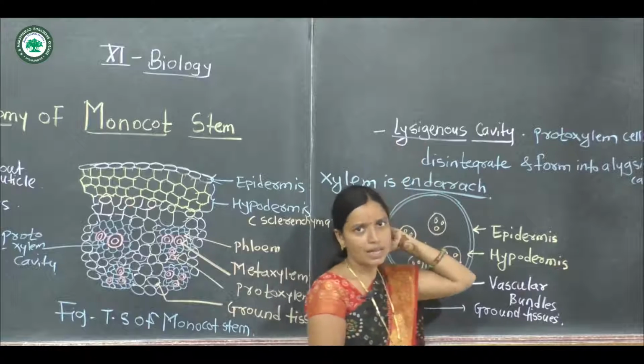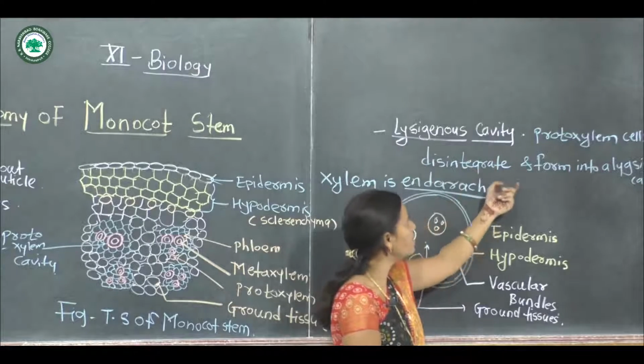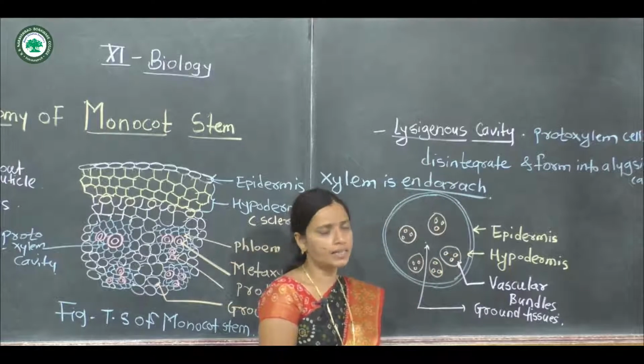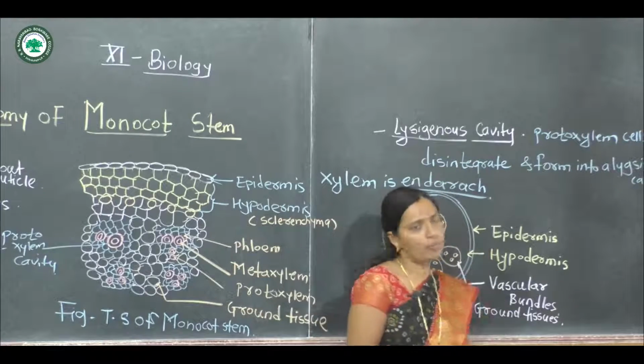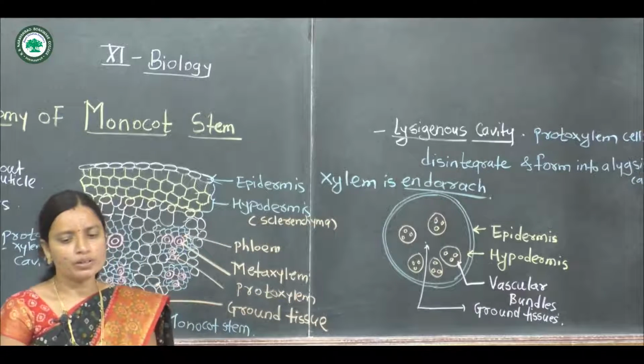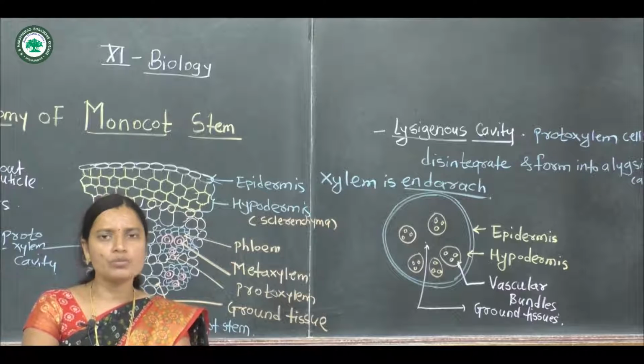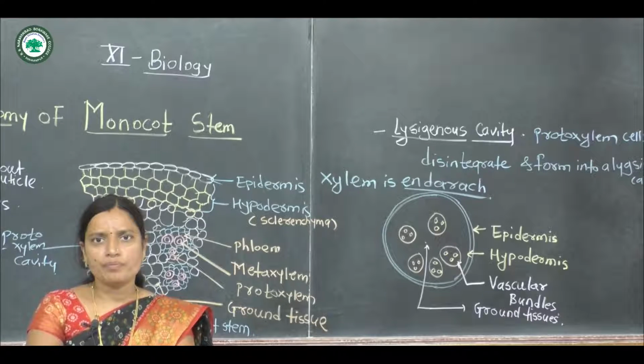This cavity is formed because the protoxylem cells disintegrate and form the lysigenous cavity in the xylem, which is a most important characteristic of the monocot stem.